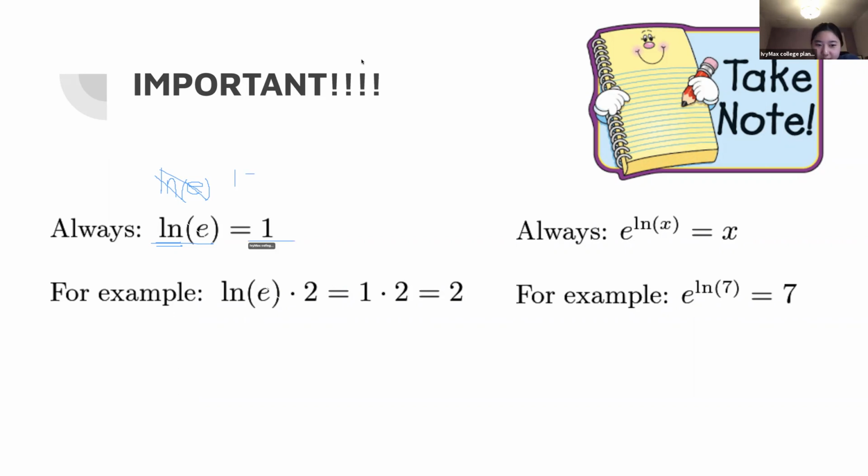So which always says right here. And an example here is that natural log of e is 1, and then 1 times 2, which is 2. So it's just some important rules that you need to remember. It doesn't have a special meaning or something, but you just remember the rules.